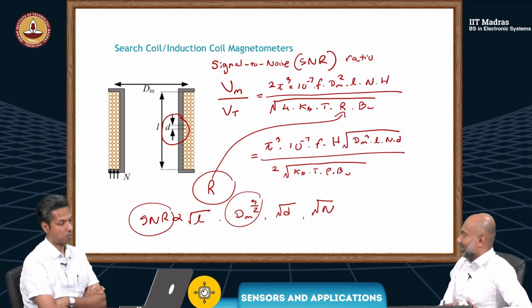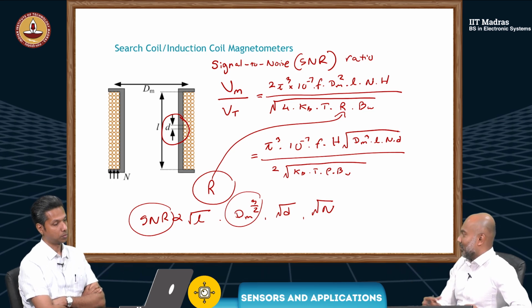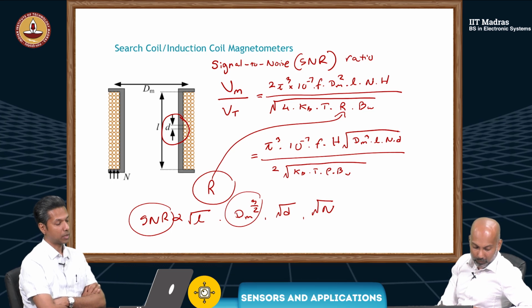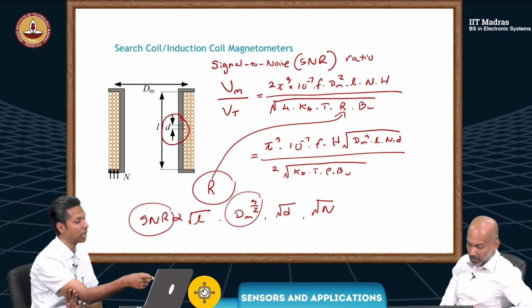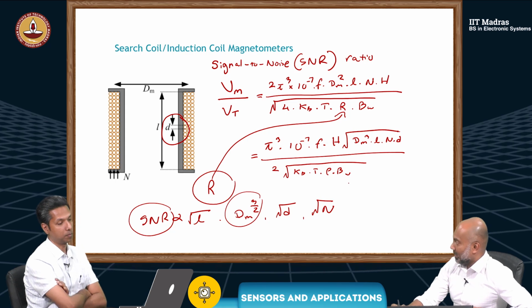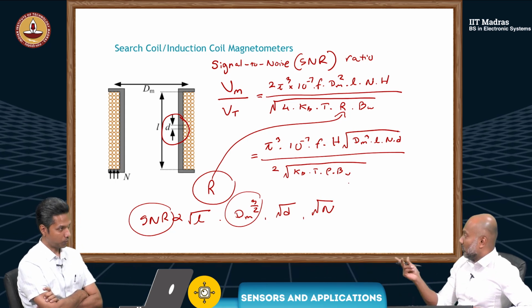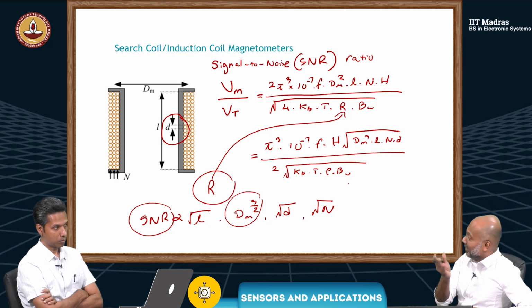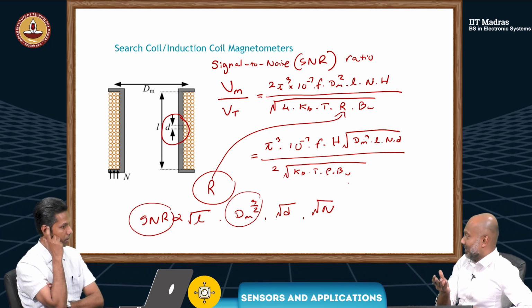So diameter, but then diameter means you're coming up with a larger coil. And the denominator, which is bandwidth BW. If you decrease the bandwidth somehow, but that depends on your RLC parameters, right?